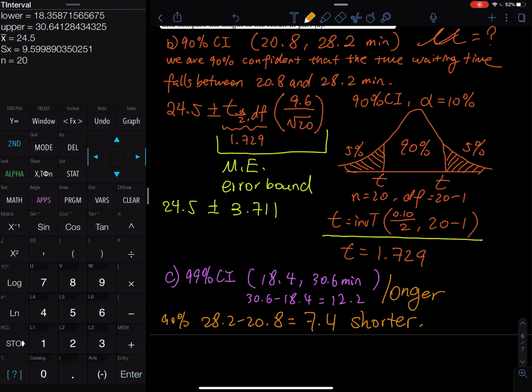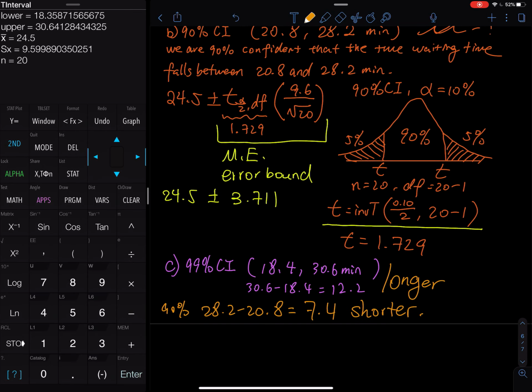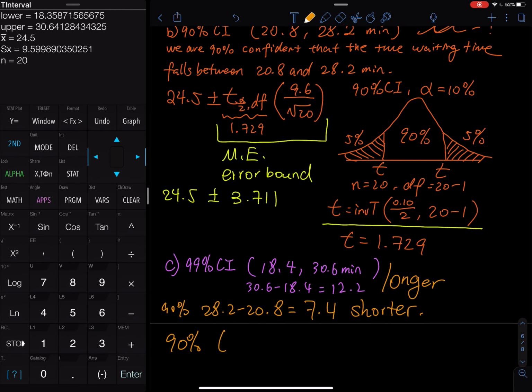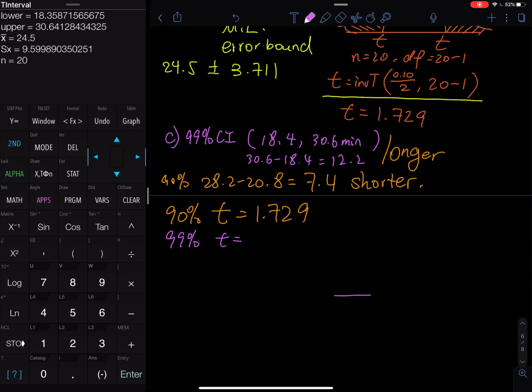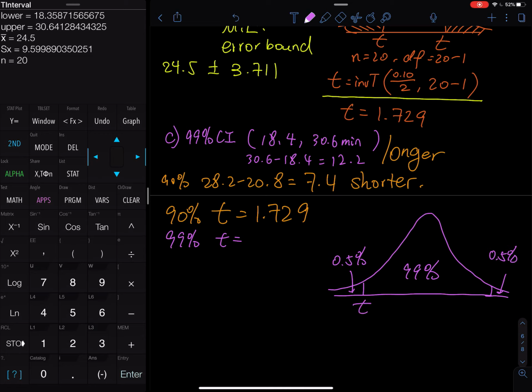Okay, so that is the answer, but why? The reason is you have to compare the t. For the 90%, the t equals 1.729. What about the 99%? What is the t equal to? Here is the graph that you can show your instructor. You have a t curve. 99% almost covers all the area, right? So this is 99%, and then this is half of the 1%, and this is half of the 1%, and this is your t.